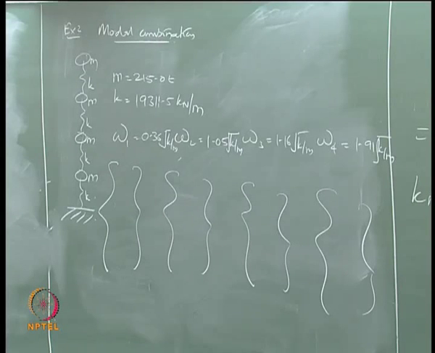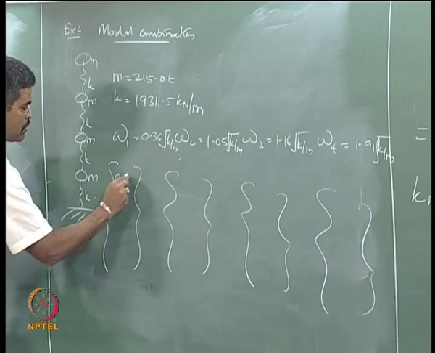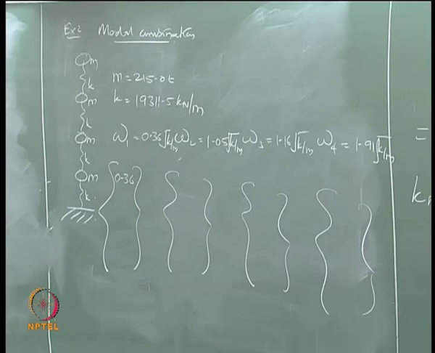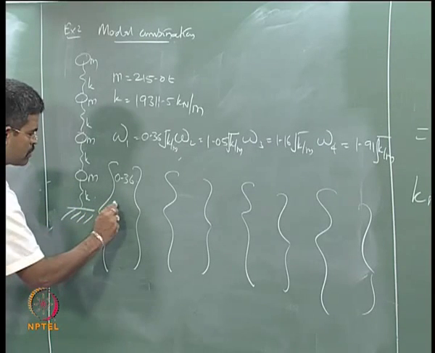Let us say my phi 1 is 0.36, 0.67, 0.89 and 1.